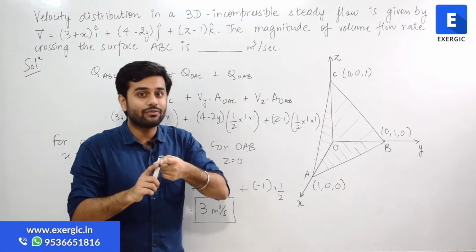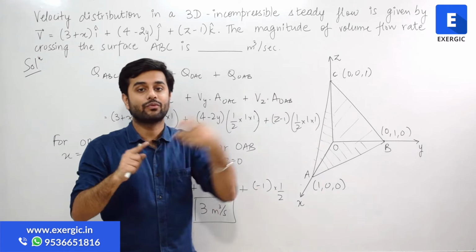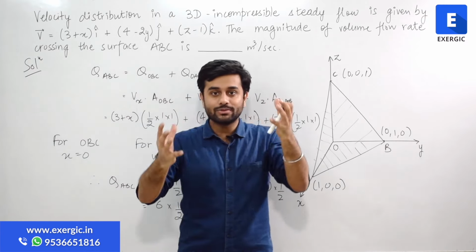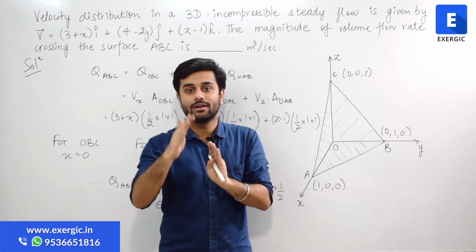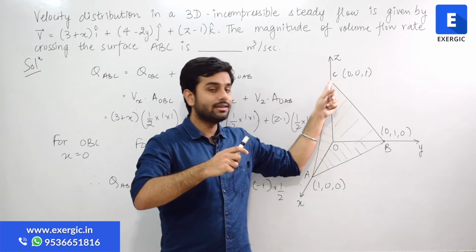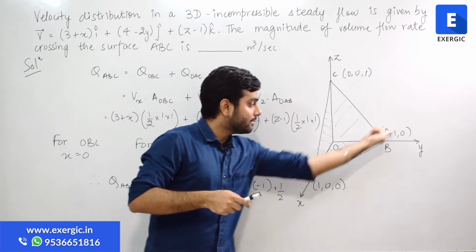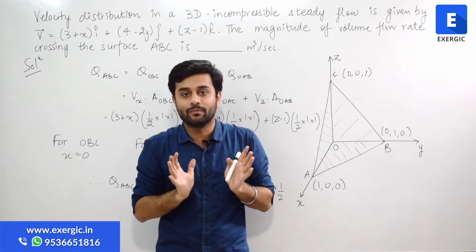The component of velocity along X direction will enter from which face? Let me repeat. This volume that I have imagined, how many faces does it have? Four. One is ABC, another is OBC, another is OAC, and the last is OAB. These three faces and a plane are forming a volume.